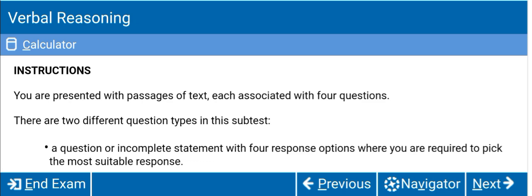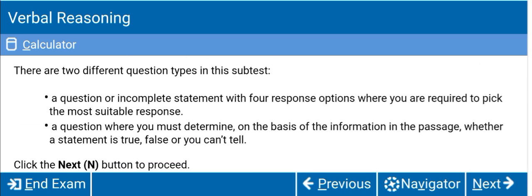You are presented with passages of text, each associated with 4 questions. There are 2 different question types in this subtest. A question or incomplete statement with 4 response options, where you are required to pick the most suitable response.